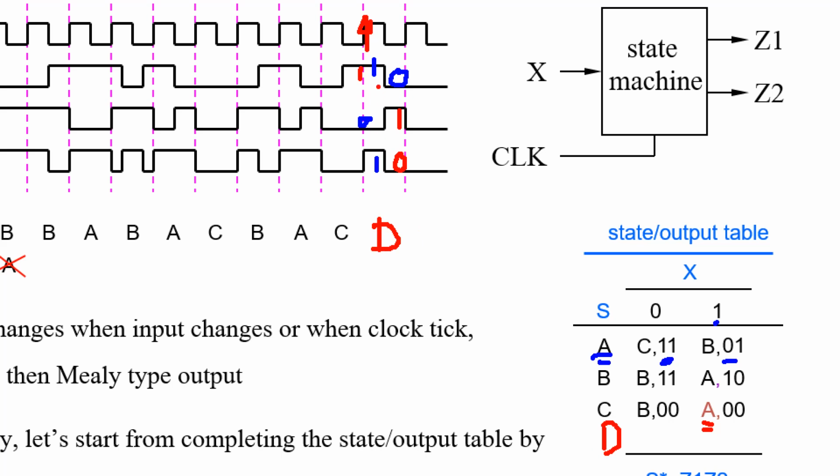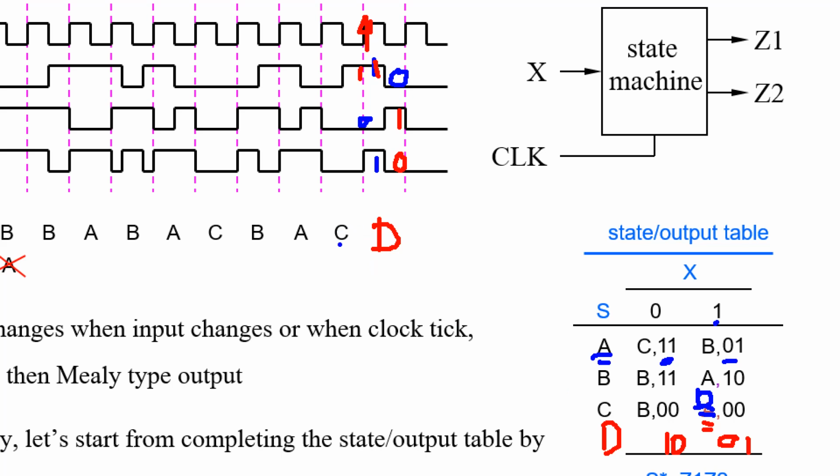And the property is when input is 1, output is 0, 1. And when input is 0, output is 1, 0. And that means you should change this one to D.